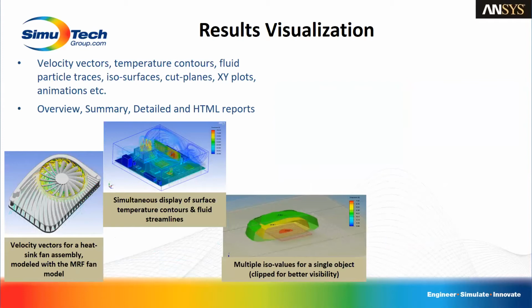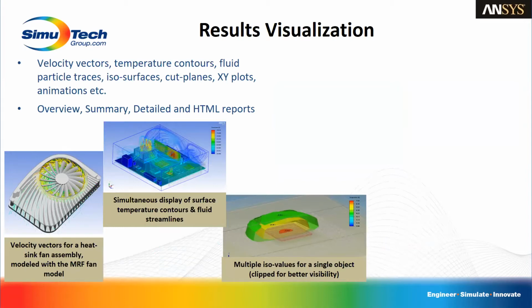And then finally, in terms of results visualization, if you have a CFD software, your classic outputs from something like that are things like velocity vectors, temperature contours on cut planes on surfaces, fluid particle traces, isosurfaces.